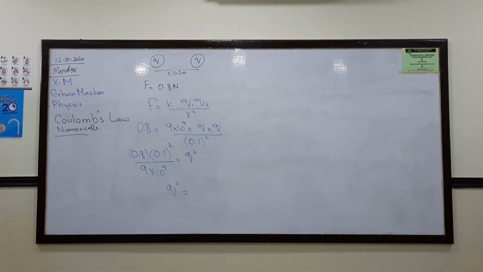On the calculator: 0.8 multiply 0.1 square divide 9 expo 9 equals to. Don't delete this answer.